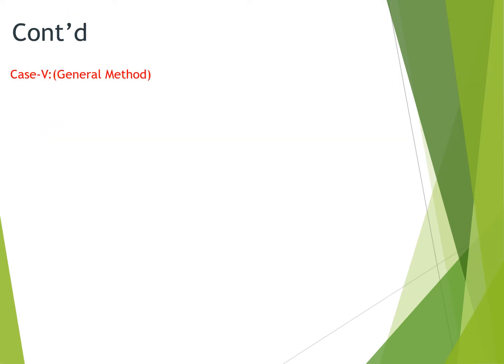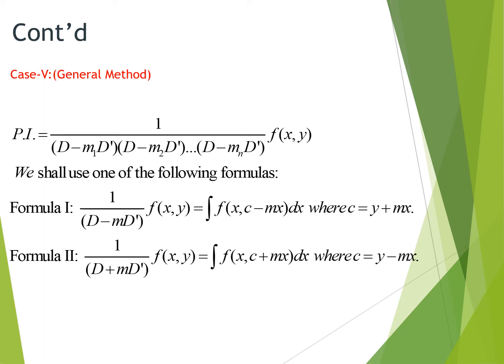Now the fifth is a general method case, in which the PI is equal to 1 over (D minus m1 D')(D minus m2 D') and so on, of a function of x, y. Remember that m1, m2, m3, up to mn are the roots of the auxiliary equation.